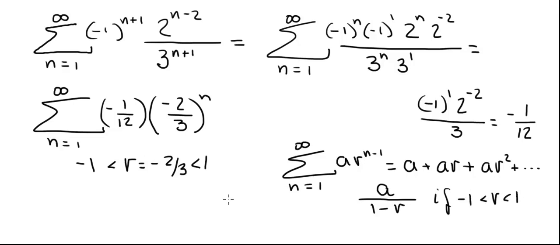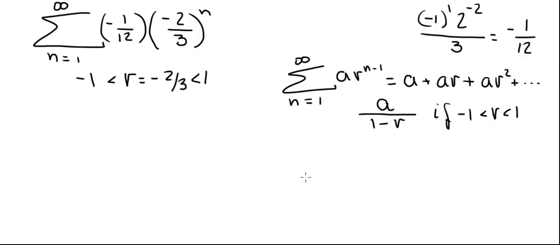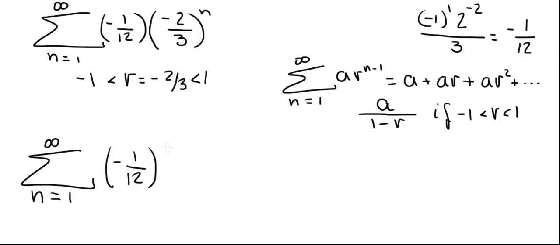Well, the series that we have now is not in that form because -2/3 is raised to the nth power and not to the n minus first power. Well, it's easily fixed. We're going to write it as follows. This is n equals 1 to infinity. We take the -1/12, and then we'll factor one -2/3 out.